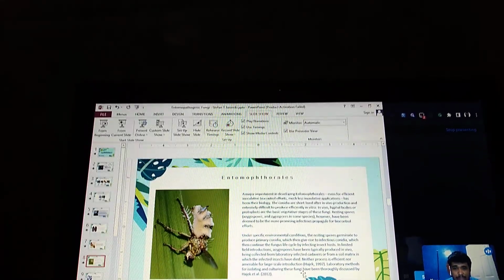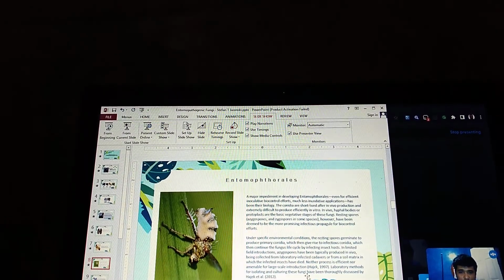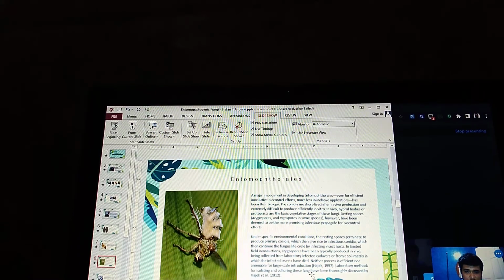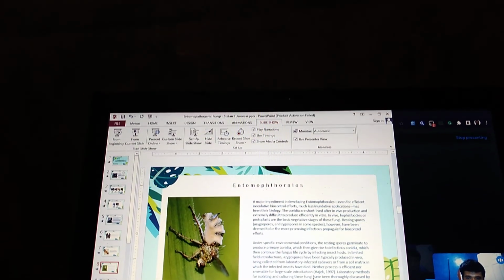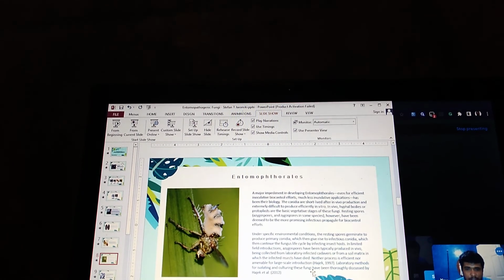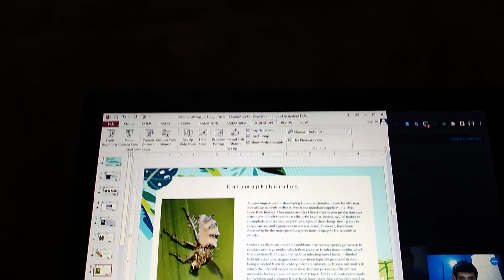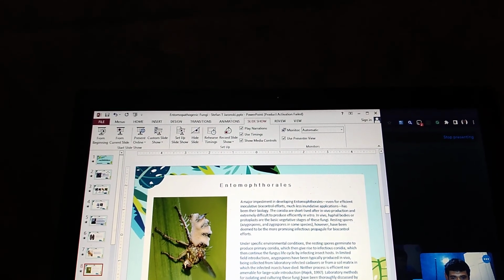For Entomophthorales, a major impediment in developing efficient and useful biocontrol efforts is that much less is known about their biology. The conidia are short-lived after in vivo production and extremely difficult to produce efficiently by in vitro production. In vivo, hyphal bodies or protoplasts are the basic vegetative stages.